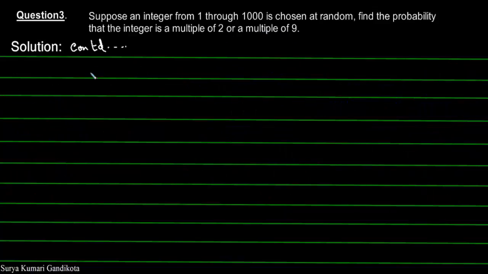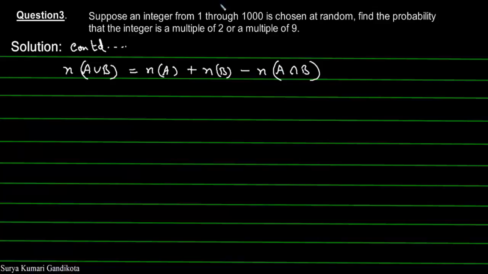We have the formula n of A union B is equal to n of A plus n of B minus n of A intersection B. Here we want a multiple of 2 or a multiple of 9.